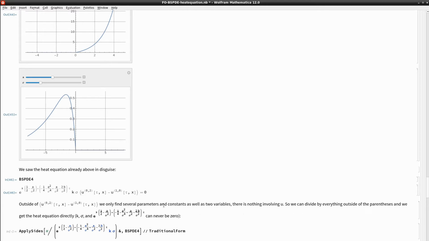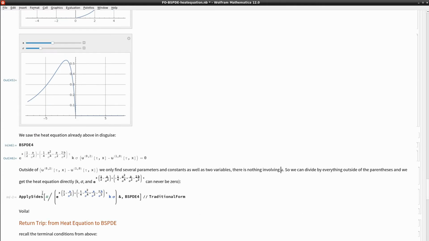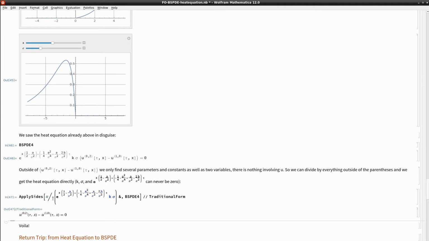So we can divide. And if we do that, we apply to both sides a division by e to this expression times k times sigma. Then we suddenly have the heat equation there. Right? We're done. Voila. It's legitimate to perform this division here.